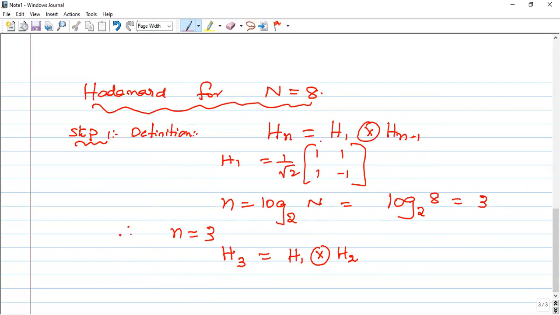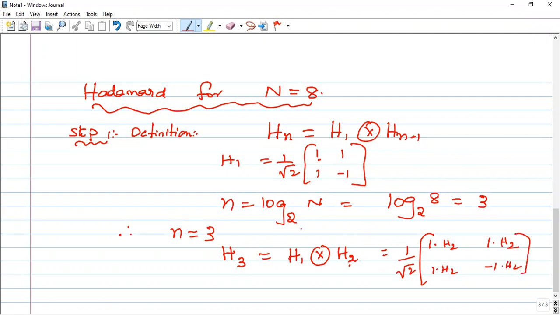Now what is H1 here? This one is H1, right? So each element of H1 is multiplied with H2. So 1 by root 2, 1 into H2, 1 into H2, next 1 into H2, minus 1 into H2.